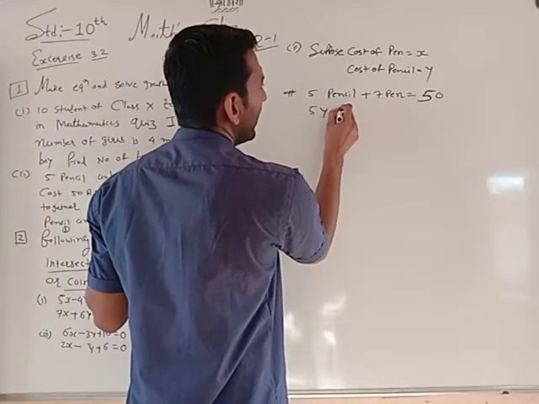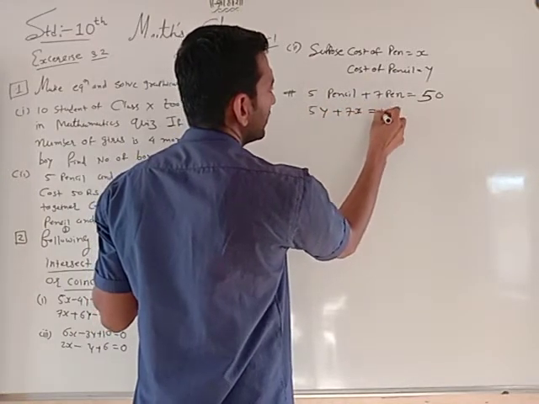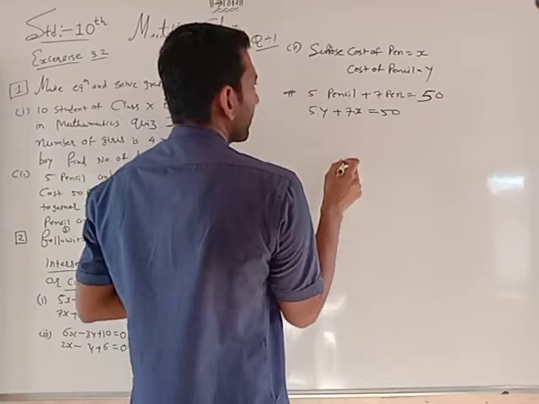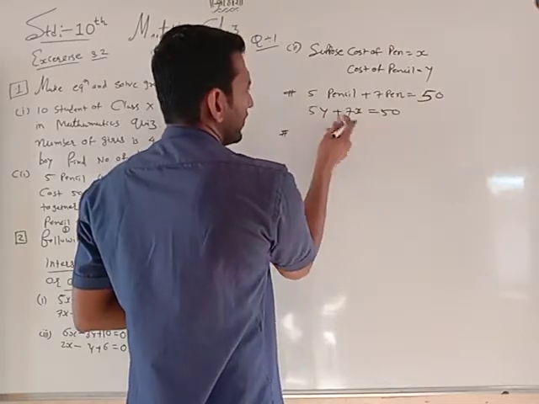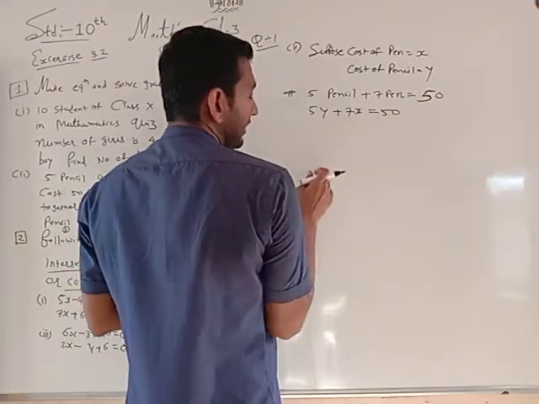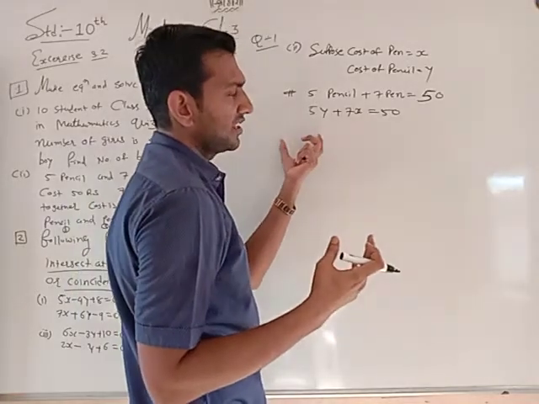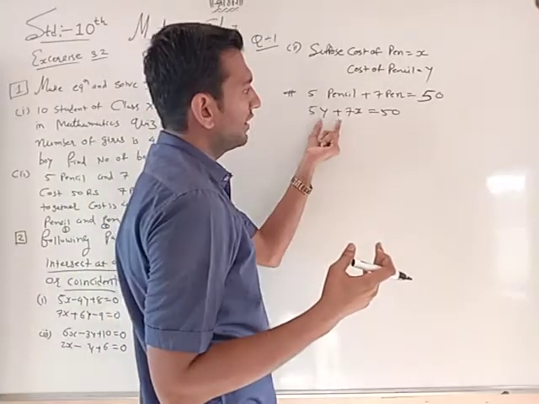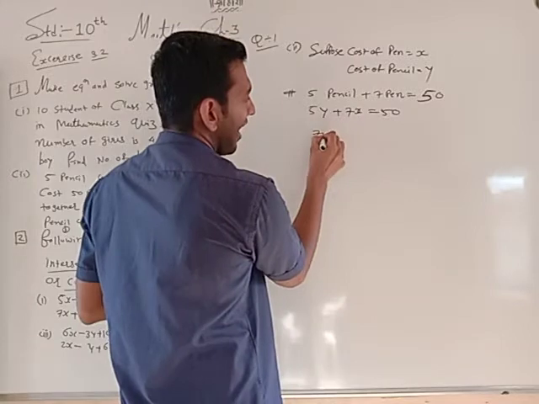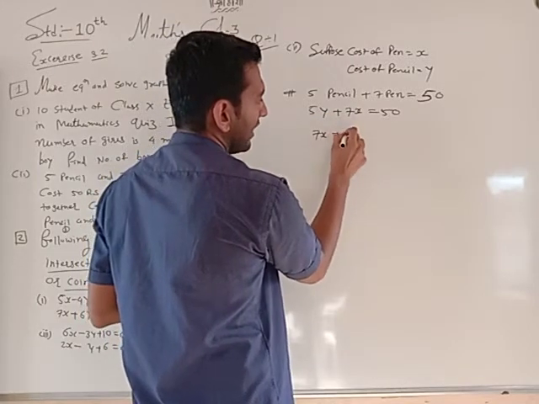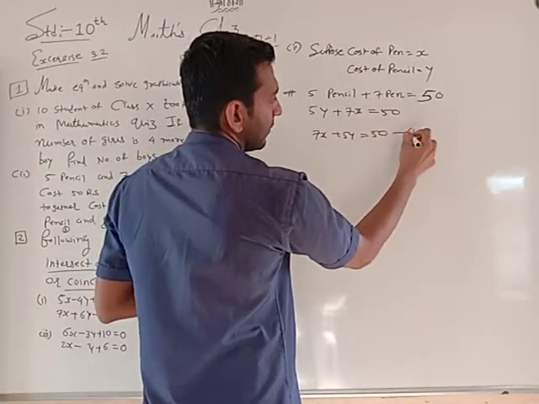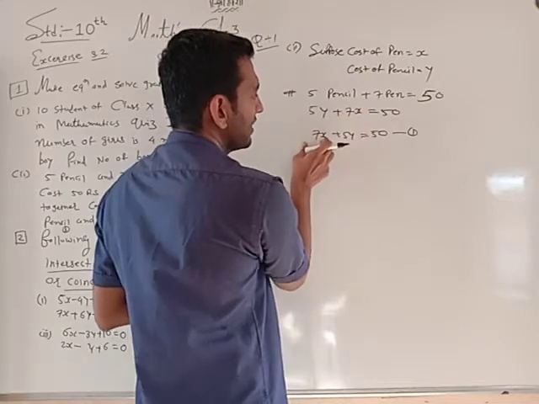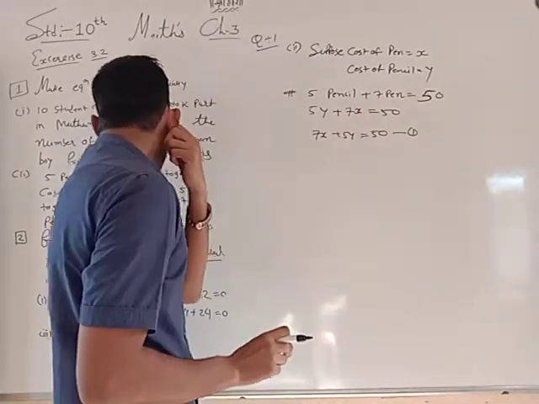So 5y plus 7x is equal to 50 rupees. You already know the general formula of a linear pair in two variables: the first is the x term, the second is the y term. So I arrange 7x first, then write 5y.